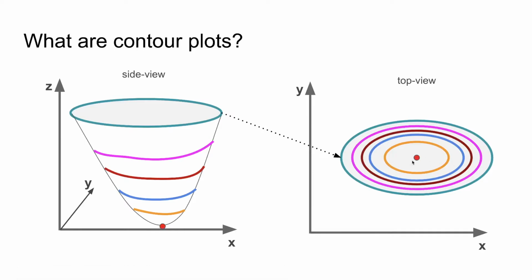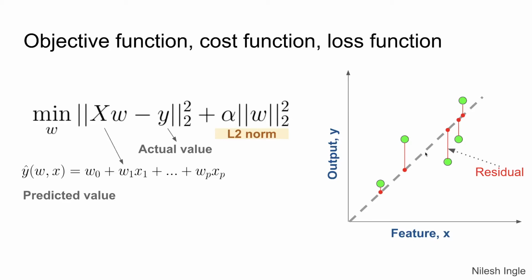These are the ridges showing the levels of values in that particular plot, and this outermost largest value is shown right here. We are looking at the xy plane in this case because we are looking from the top view.